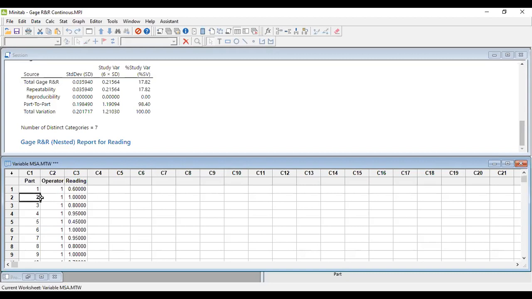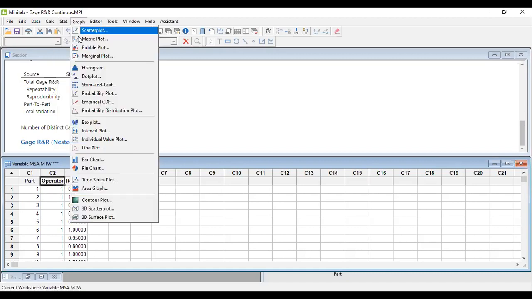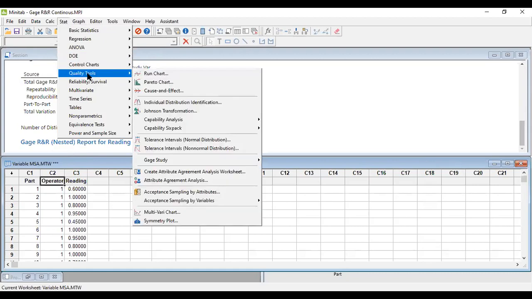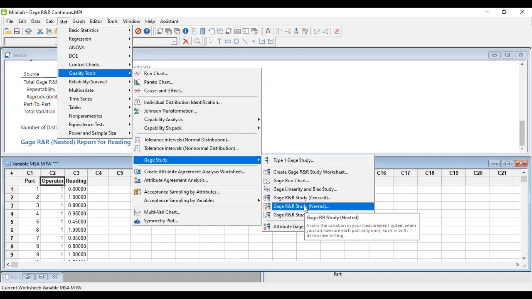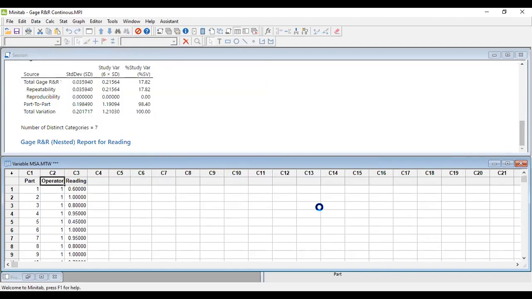Here again, we have taken about 10 part numbers and 3 operators doing 2 trials, and this is how we plot for continuous data, and the reading comes something like this because it's on a continuous scale, right? And we go to Stat, Quality Tools, go to Gauge Study, and we select the Nested Gauge R&R Study because you have multiple part numbers.